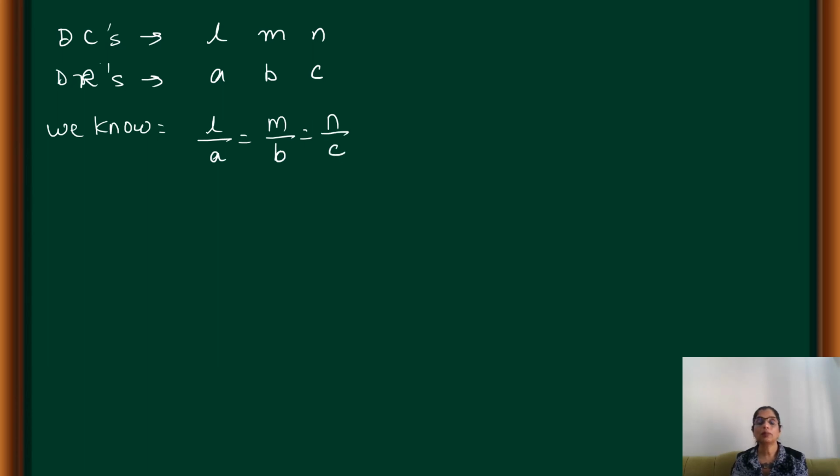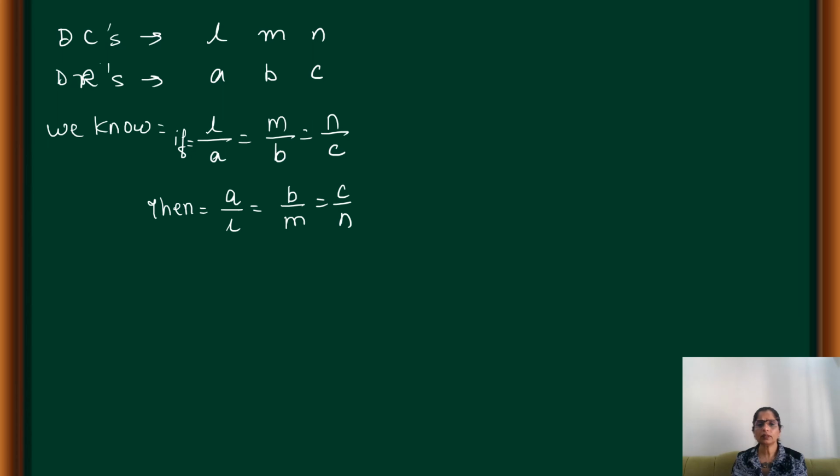Now, if L by A is equal to M by B is equal to N by C, then can we say that A by L is also equal to B by M is equal to C by N? We can say that, correct?